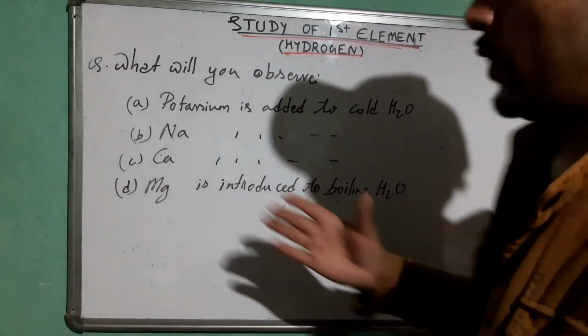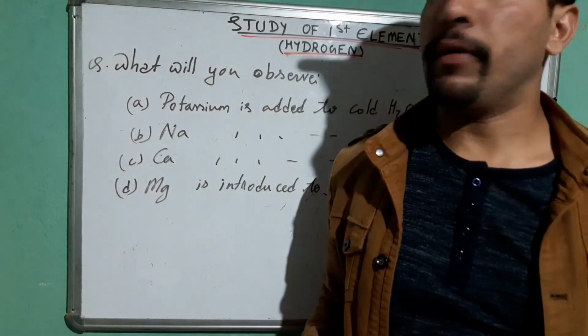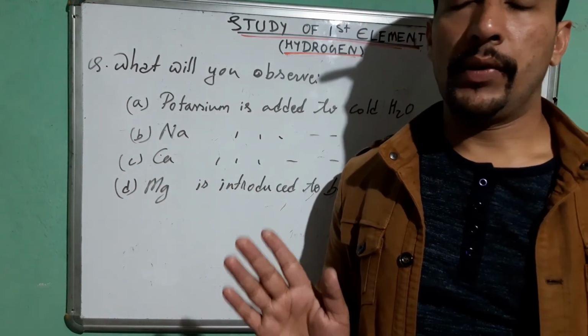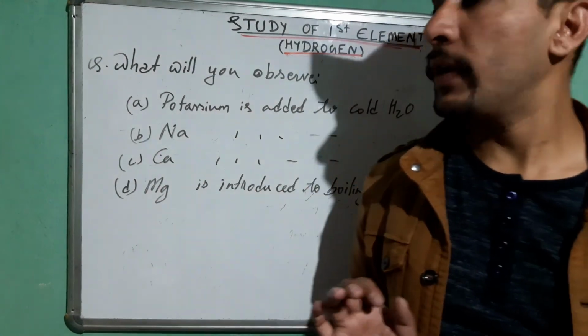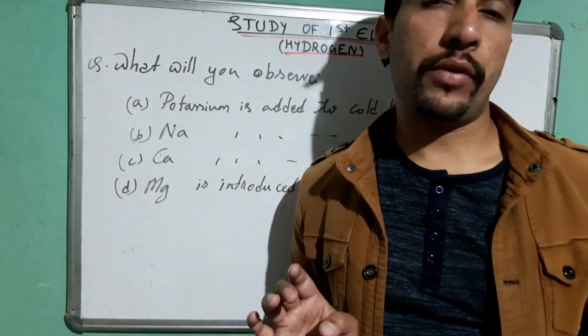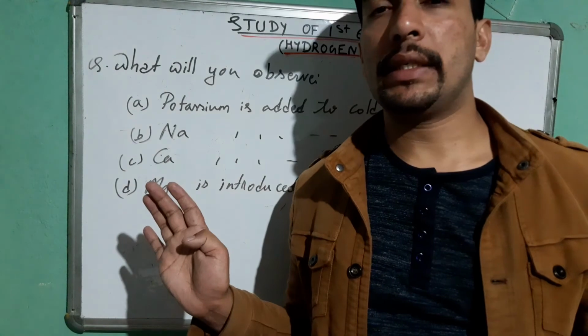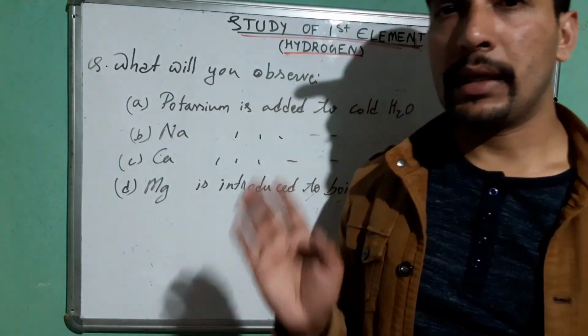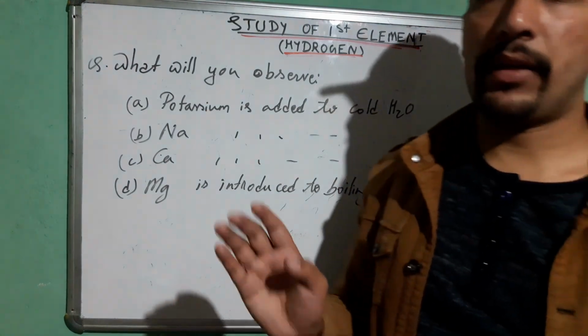Now the preparation of hydrogen gas we have finished. In total we did 8 different methods for the preparation of hydrogen gas. First we did the laboratory method, and second we discussed the Bosch process for the manufacture of hydrogen gas. Third we did the method of electrolysis.